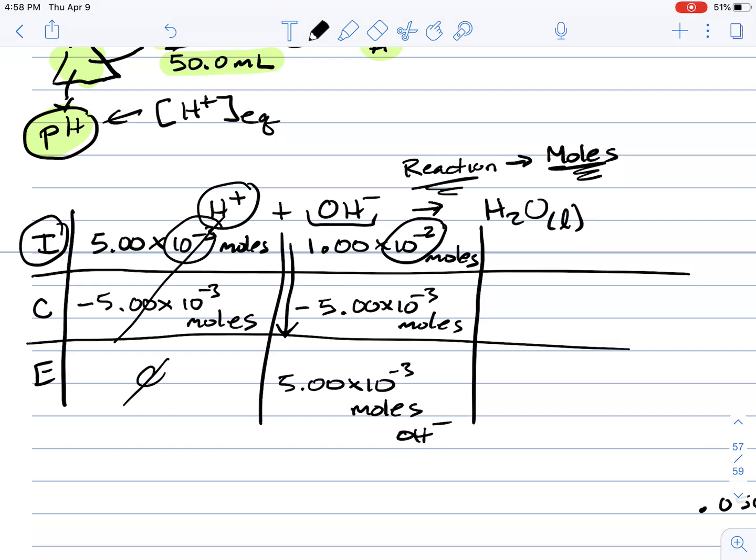And yes, we'll add this number of water, but once again, we don't really care about water because it's not going to determine the pH of my solution.